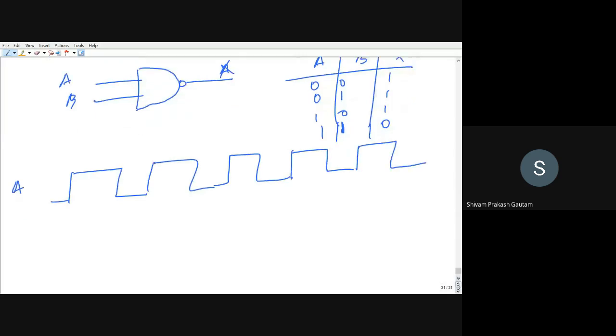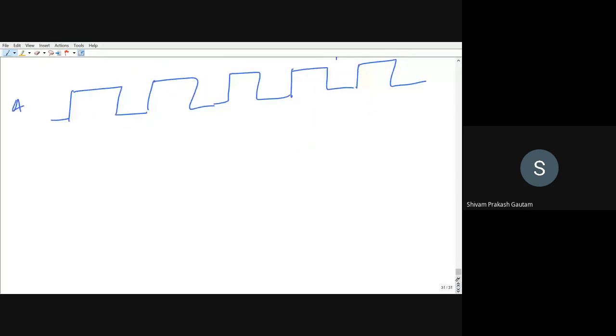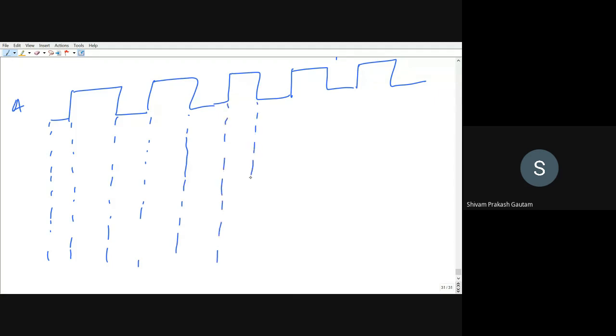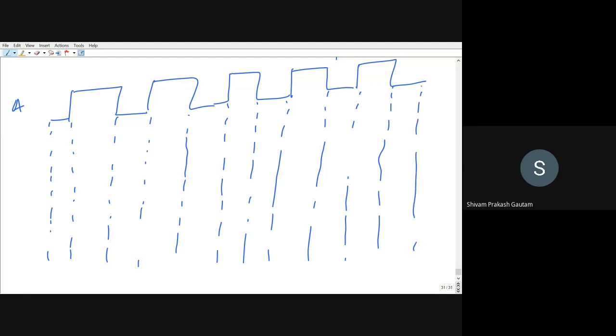This is A. Now we have to draw the B signal as well. I'm just drawing randomly, okay?